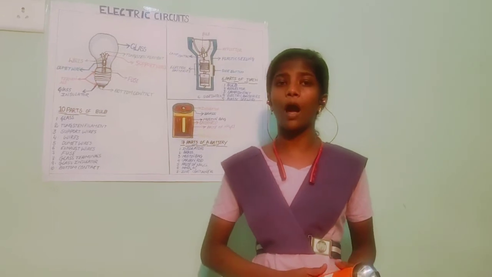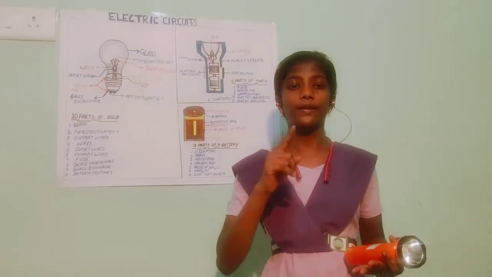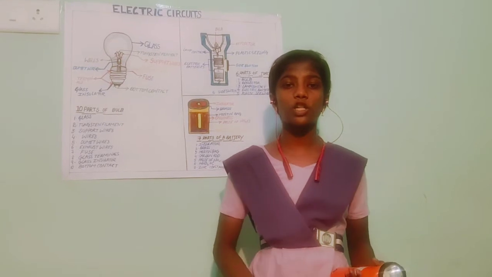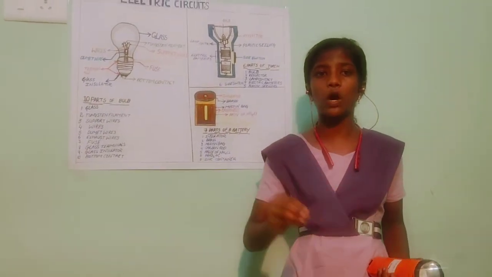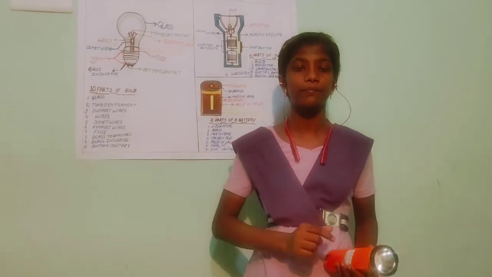When you think about a torchlight, bulb light, fan, smartphone, mixer grinder, washing machine, dishwasher, when you think of all these appliances, you think about electricity.